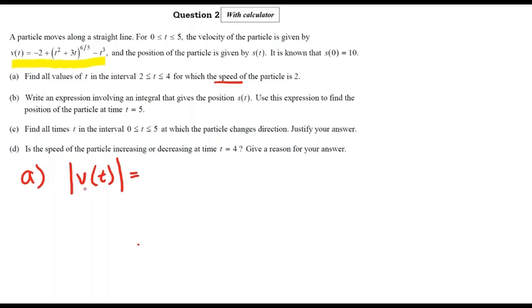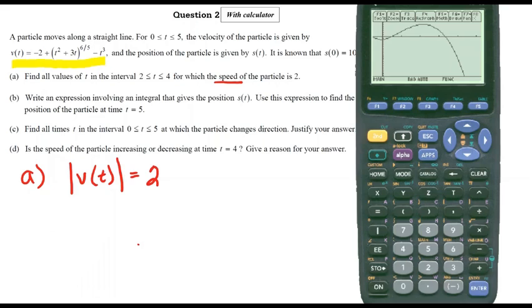So we want to know when the speed is equal to 2, which is the same as saying when is velocity equal to positive or negative 2. So a couple different ways that you could do that. But we could, as you saw in our first problem, put horizontal lines there at 2 and at negative 2, and then find the intersection points.